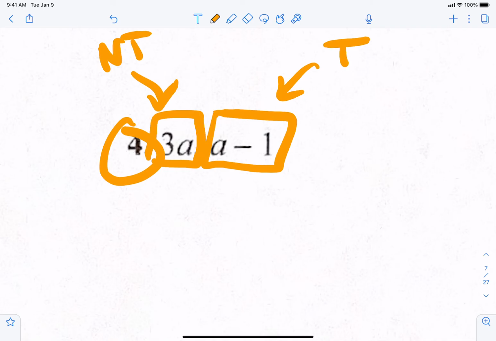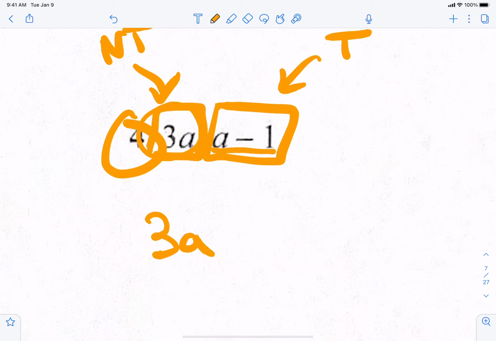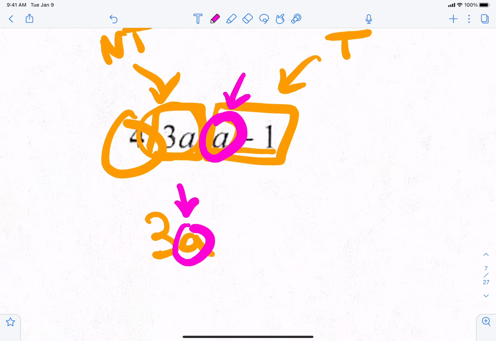Okay, so this one is a little bit confusing. You need to find a least common multiple. So what I know is that I need to have a 3a included. I know in my denominator I need to have a 3a, and I know that I need to have an a minus 1. But here's the problem. This a, let me switch colors, is not the same a as this a, because this is a non-trapped a and this is a trapped a.